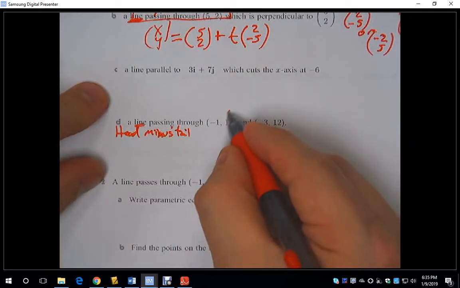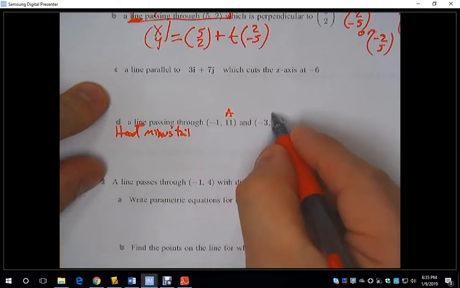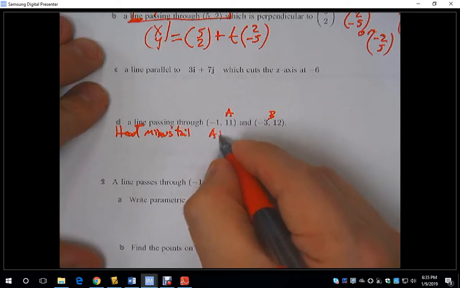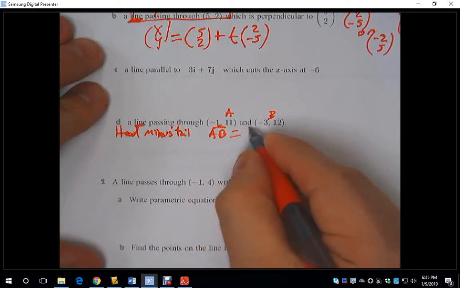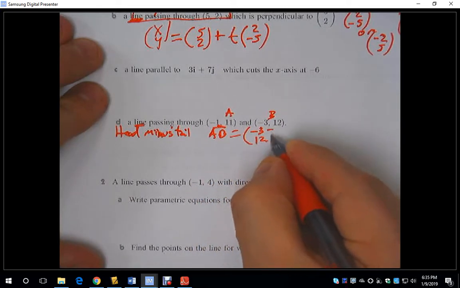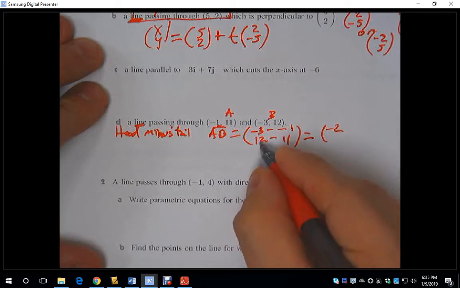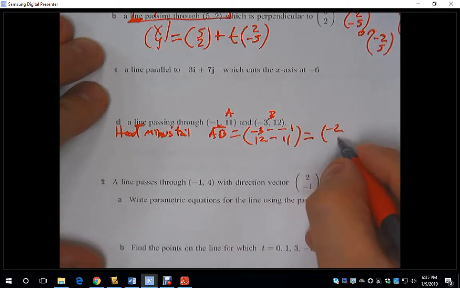I could have this A as the head or this B as my tail. So let's just do A to B. That would give me negative 3, 12, minus negative 1, 11. That gives me negative 3 plus 1, which gives me negative 2. And then 12 minus 11, that gives me 1.